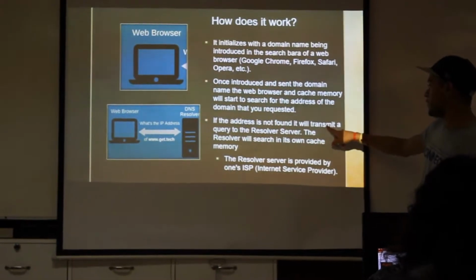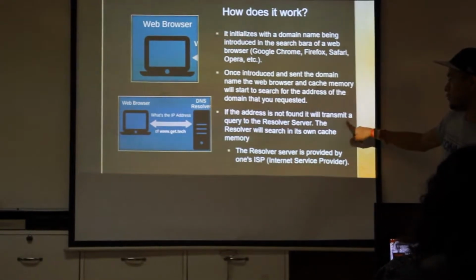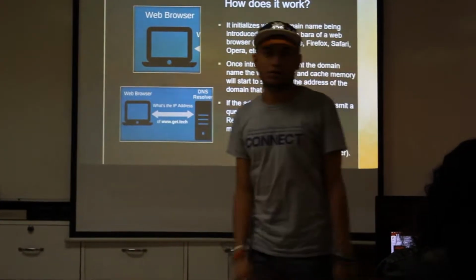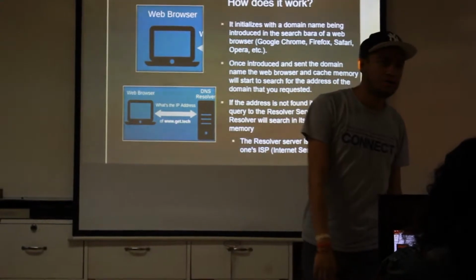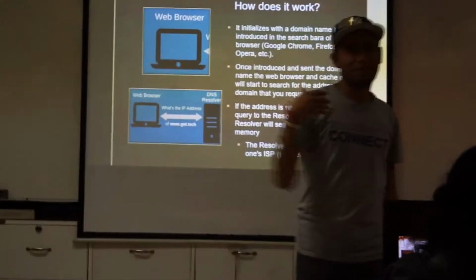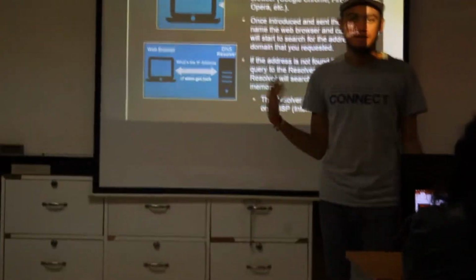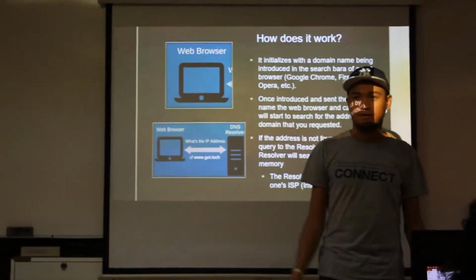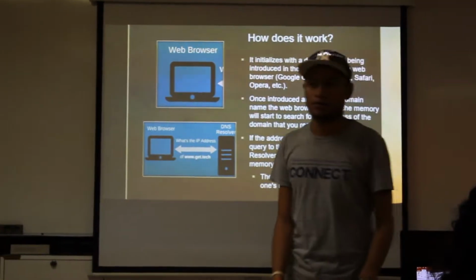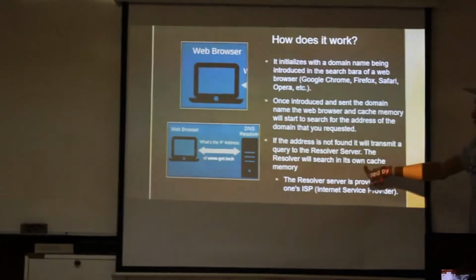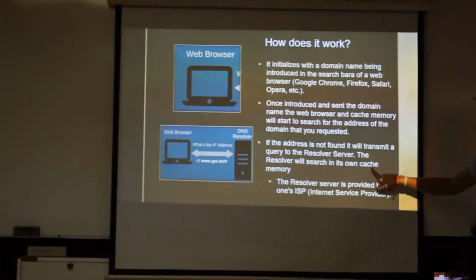If the address is not found, it will transmit a query to the resolver server. Does anyone know what a resolver server is? Anybody? The resolver server will search in its own cache memory.